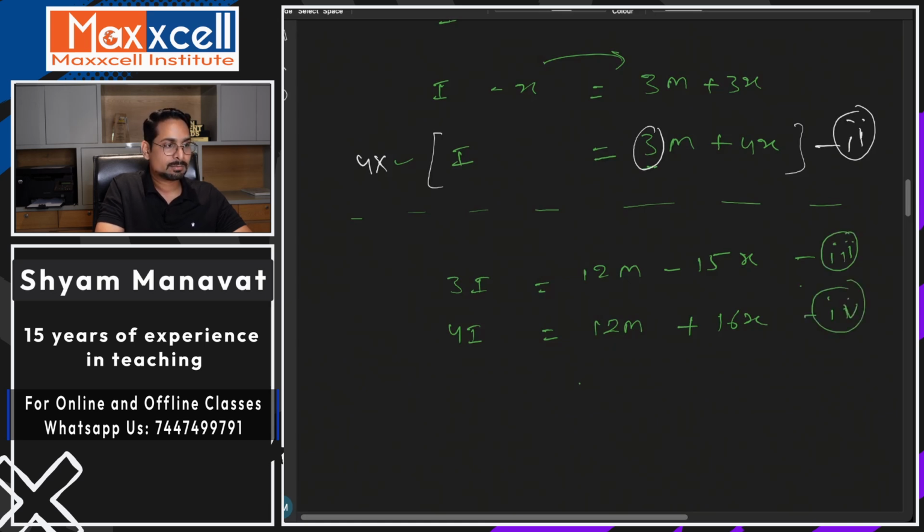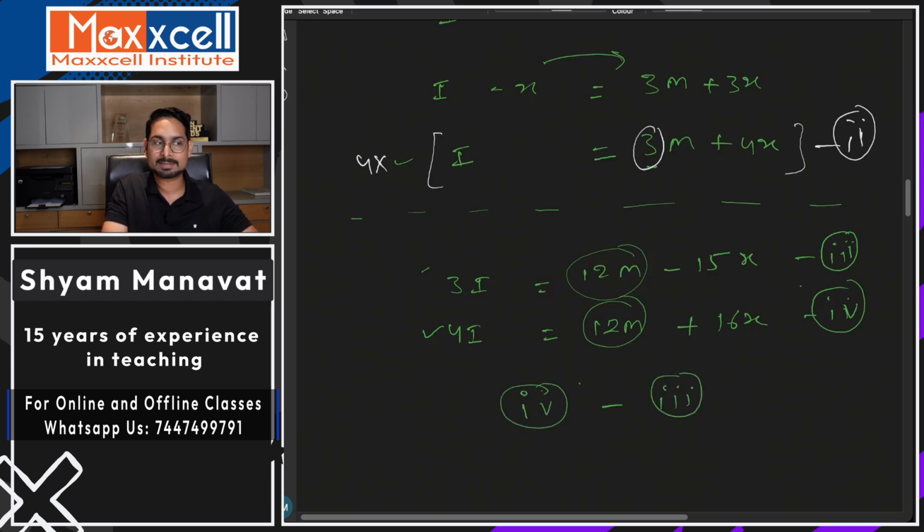Okay, now the same coefficient terms have the same sign, so in the elimination method we subtract, right? Now here I see 4I is bigger than 3I, of course. So I will do equation number 4 minus equation number 3.